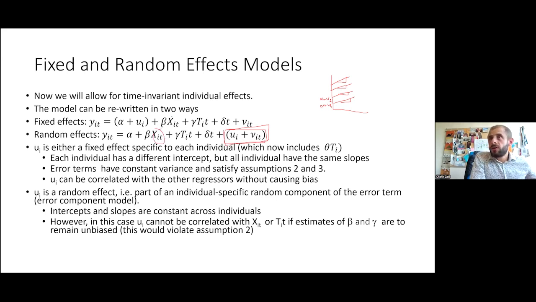So that's why at the end of the day, the fixed effects will rely on some individual dummies that I will introduce in order to have different intercepts. But the random effects is basically an OLS, slightly revised with some assumptions, okay? So that's in a nutshell the rationale of fixed effects and random effects, okay?